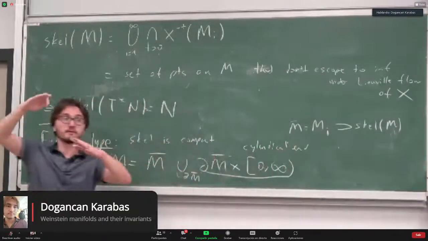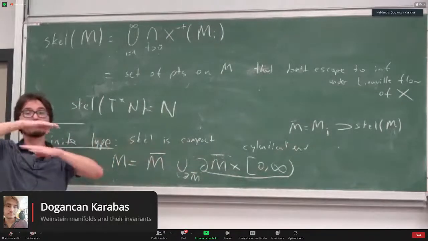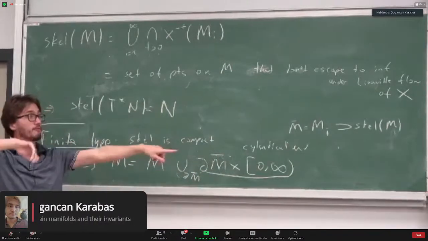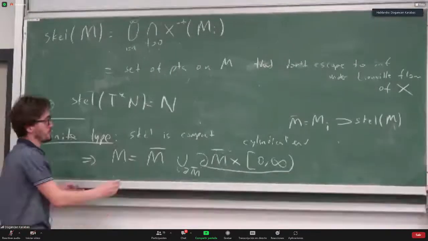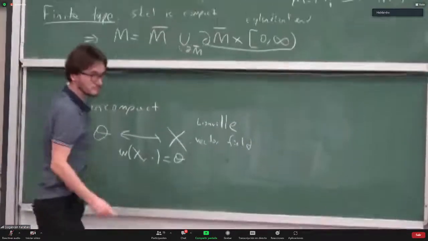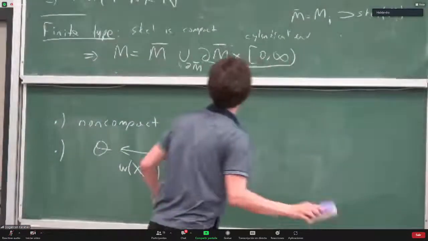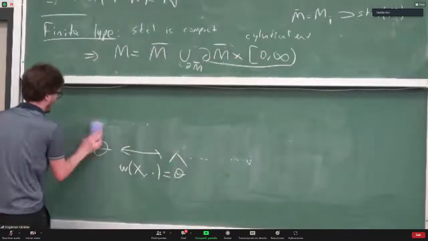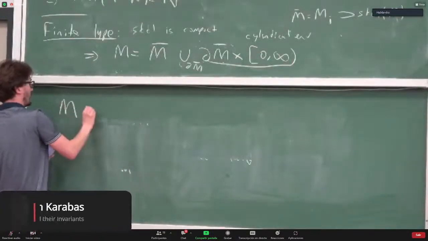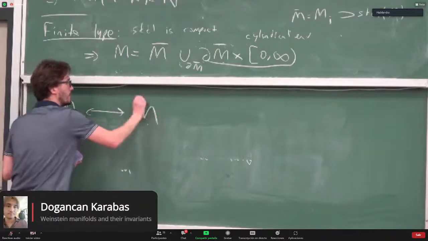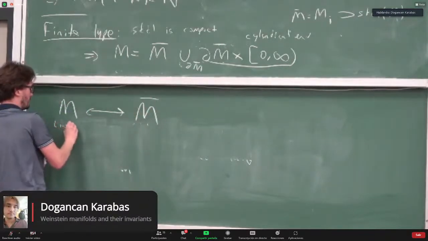If this is finite type, you can cut the cylindrical end of a Liouville manifold and work with the remaining compact part, which is called the Liouville domain, okay? So this Liouville manifold.